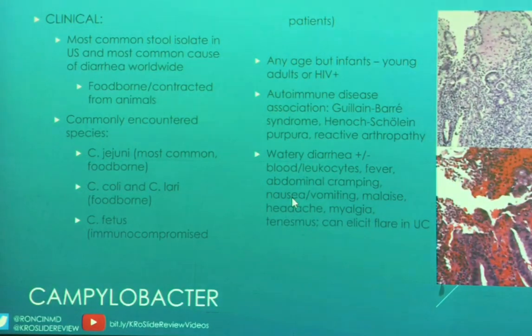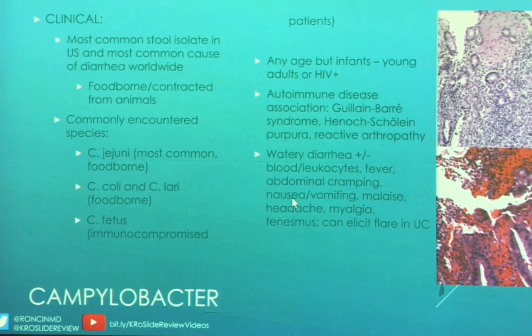So you always want to be careful when you don't have a lot of anything to avoid saying too much. This again looks a little more reactive, like maybe we have some changes going on in there, but not a lot. But these findings are actually consistent with Campylobacter.